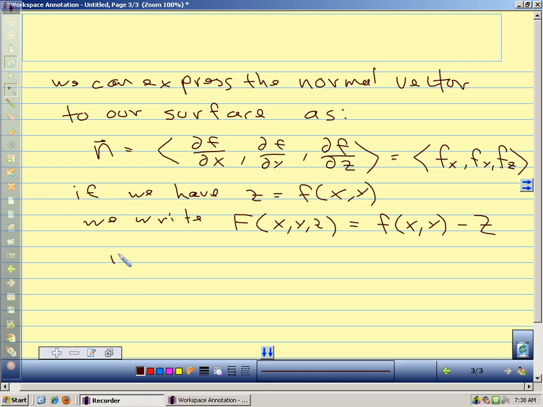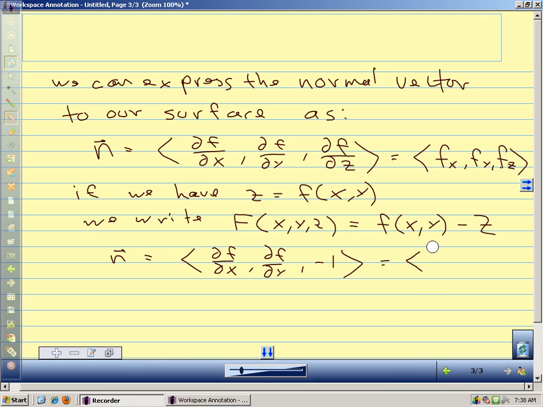And our normal vector to that surface is just going to be df dx, df dy, and negative 1. So if we have our function written as z equals f of x, y, we just rewrite that as a function of three variables, whatever f of x, y is minus z. And that gives us our function f of x, y, z equals a constant. And this is going to be our normal vector.